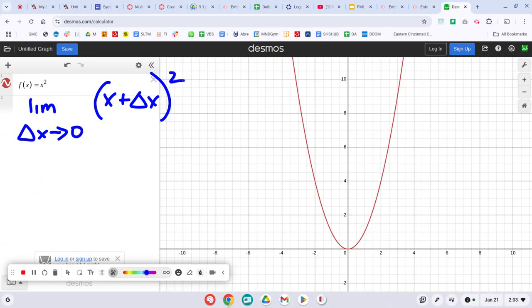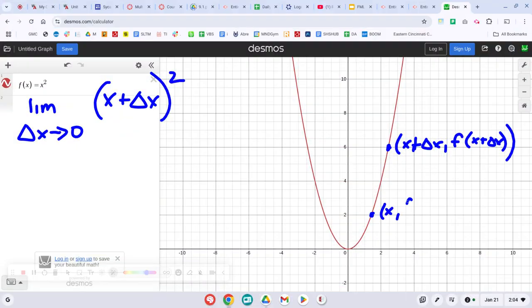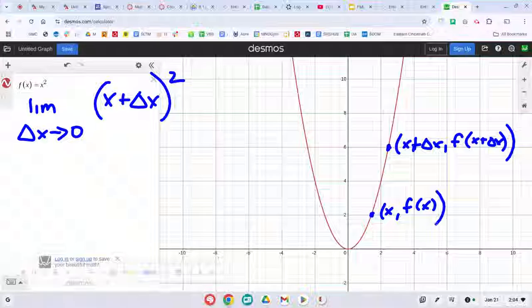That's f of x plus delta x. I took out the x and I put in the x plus delta x. Remember, this point here is x plus delta x, comma, f of x plus delta x. And this is x, comma, f of x.